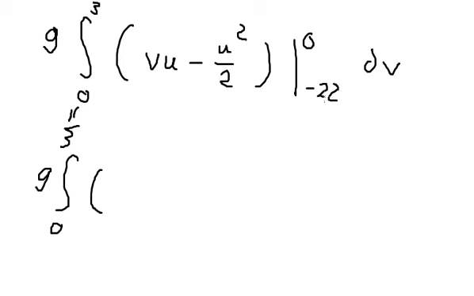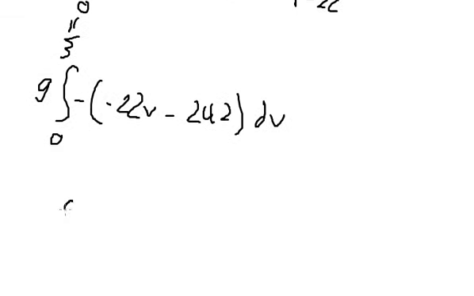Because this is the bottom, we have the negative sign here. Number 0 gone here, you get 0. So we have negative 22v minus 242. So negative with negative, we have positive.